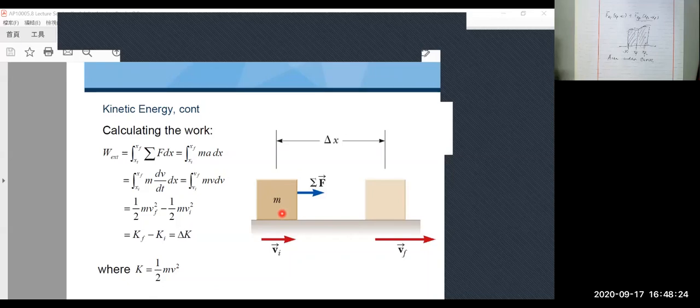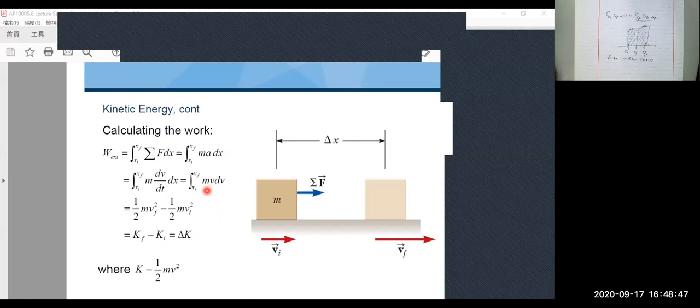So with some mathematical tricks, we could rewrite a as dv over dt, and replacing the terms, we get m times dv times dx over dt. dx over dt is the velocity. So we have this equation.